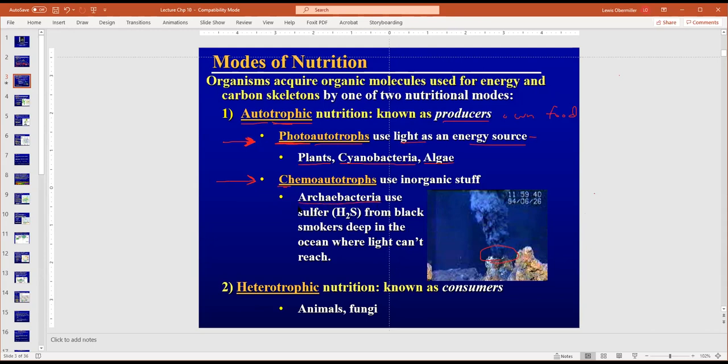Remember, we talked about this as archaea is old or ancient bacteria, and they use chemicals, specifically hydrogen sulfide, to produce sugars.